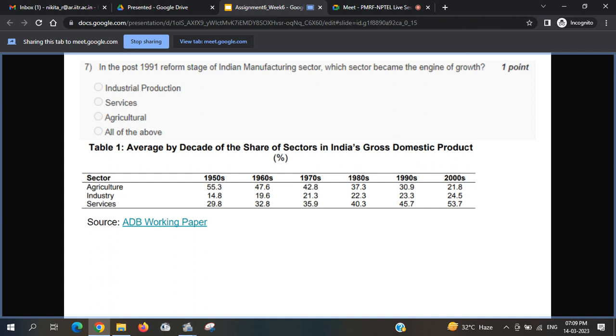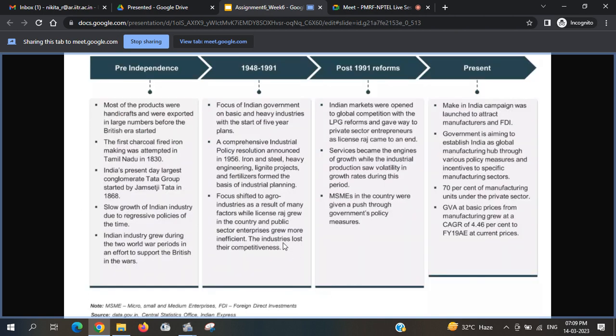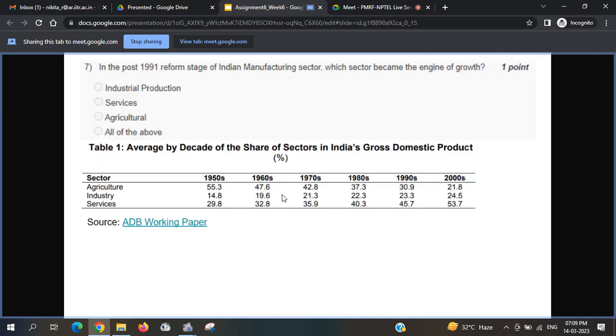You are given four options: industrial production, services, agriculture, or all of the above. As we saw here also, the service sector became the engine of growth after the post 1991 reform, while the primary and secondary sectors saw some volatility in the growth rate.